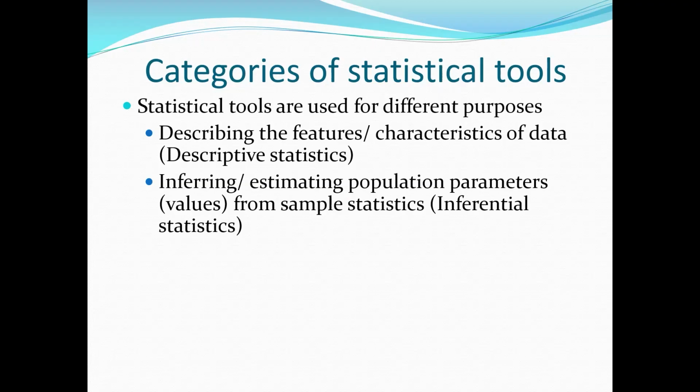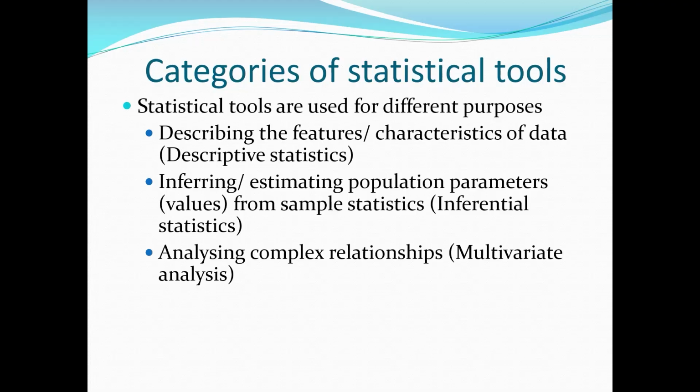We do not study the population, but we want to know the values of the population. For that purpose, we select a small sample, study the sample, calculate the values of the sample, and from these calculated values of the sample, we estimate the population values. That is called statistical inference. So the tools used for this purpose is known as inferential statistics.